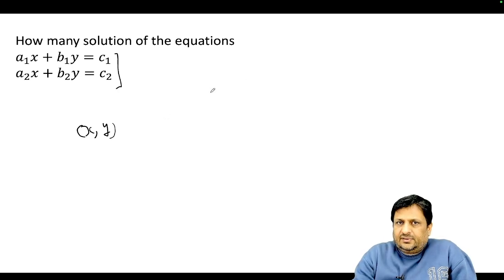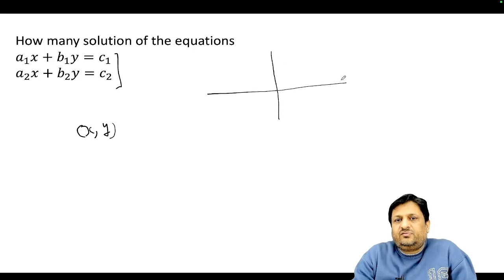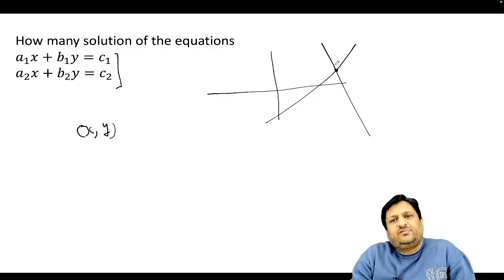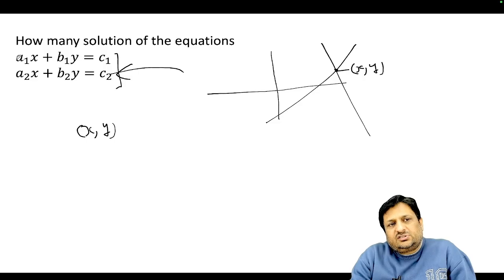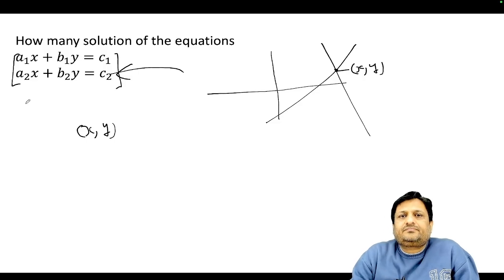That set must lie on both the lines. So that point must lie on both the lines. It means where these two lines intersect each other, the coordinates of that point are the solution of this system of two linear equations.